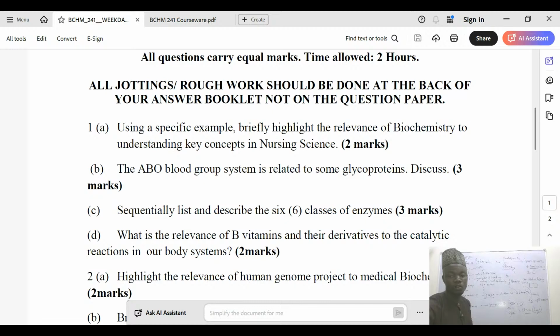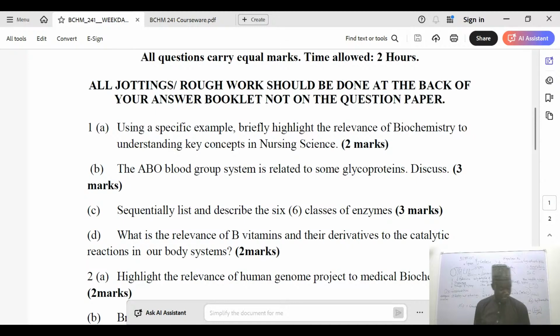So now we are moving to question 1D. Question 1D. Okay, isomerase catalyzes isomerization reaction.